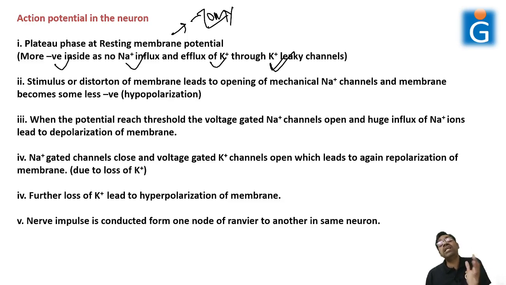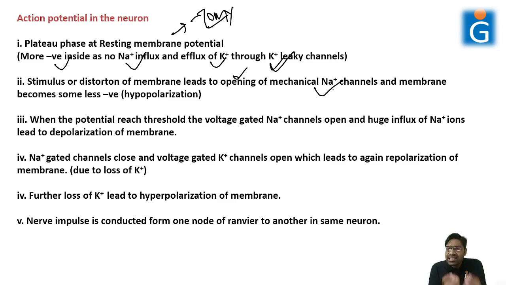Then when there is any stimulation or distortion of the nerve cell due to electrical impulses, the mechanically operated sodium channels are going to open. I have told you, when any electrical impulse comes, or when there is any mechanical distortion, there is initially opening of mechanically operated sodium channels. This causes a very small amount of sodium to come inside the cytosol.